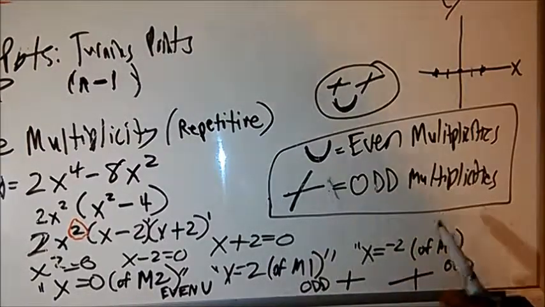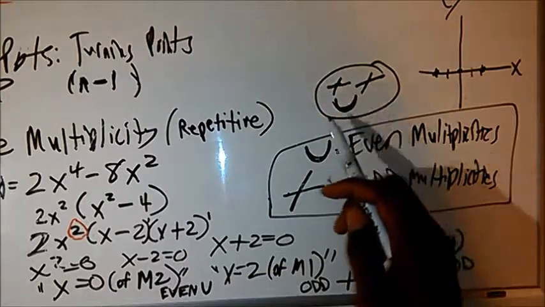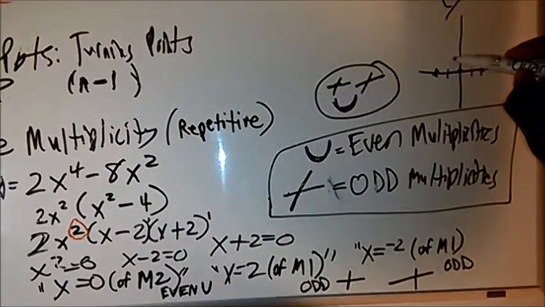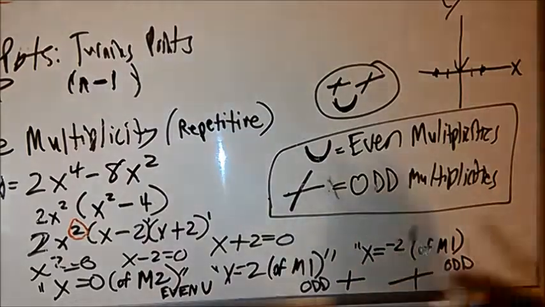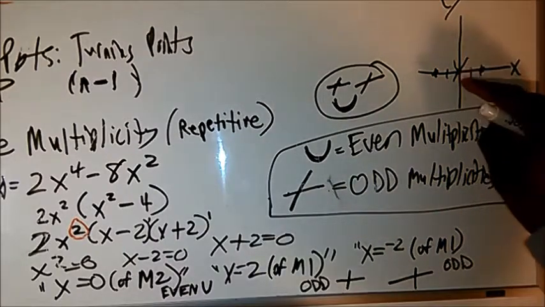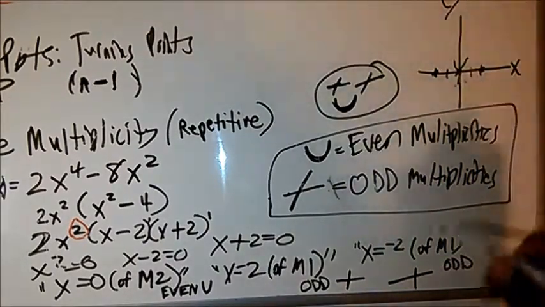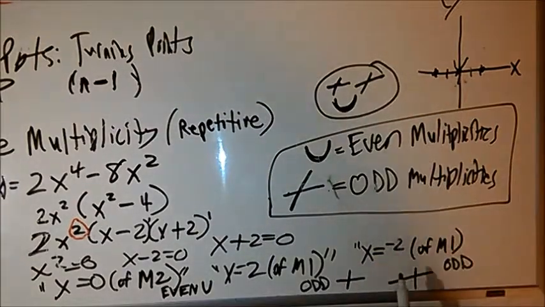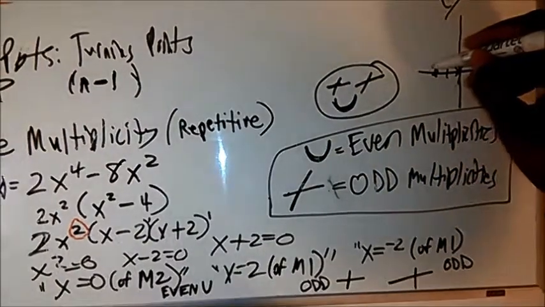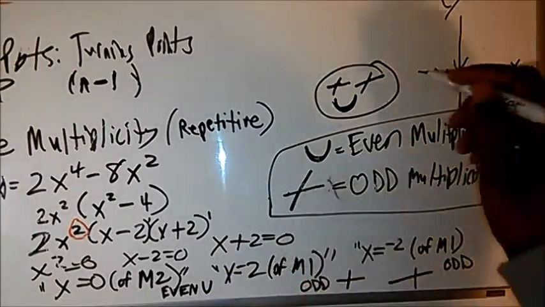So, for example, remember I told you evens are happy; they're smiley faces. So when the function hits 0, it's going to make a happy face. It's going to do like that, or like this, an upside down happy face. We don't know yet; this will come together later. If the x-intercept has odd multiplicity, in this case x equals negative 2 has a multiplicity of 1, so it's odd, it's going to cross over.